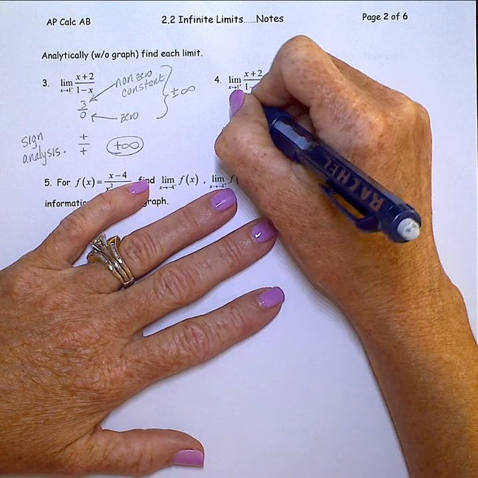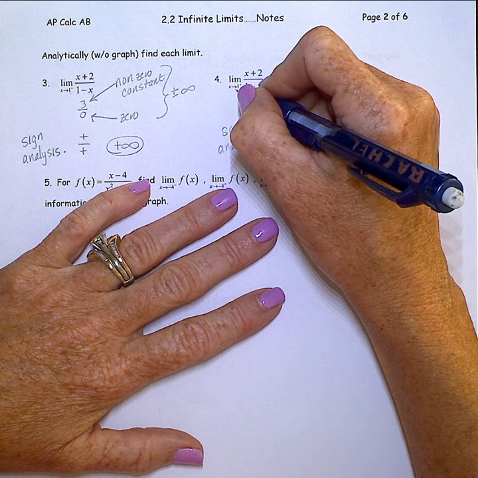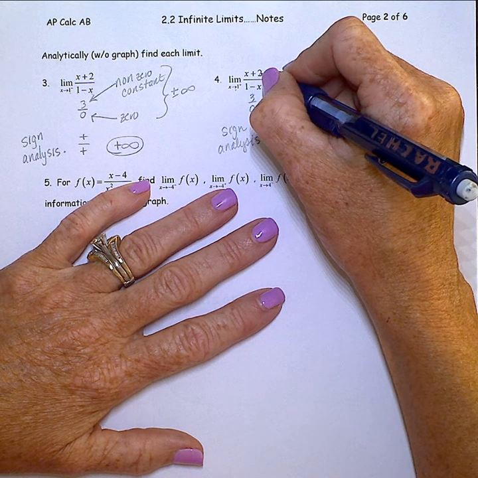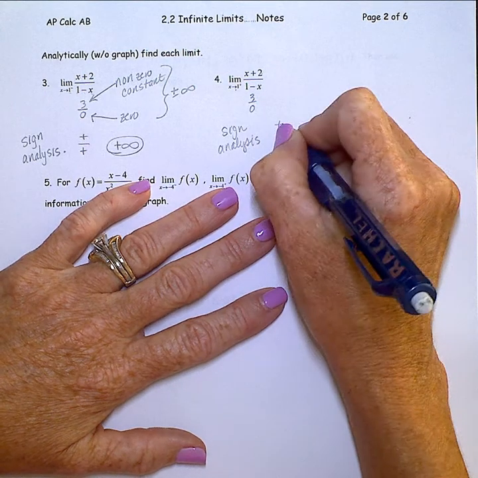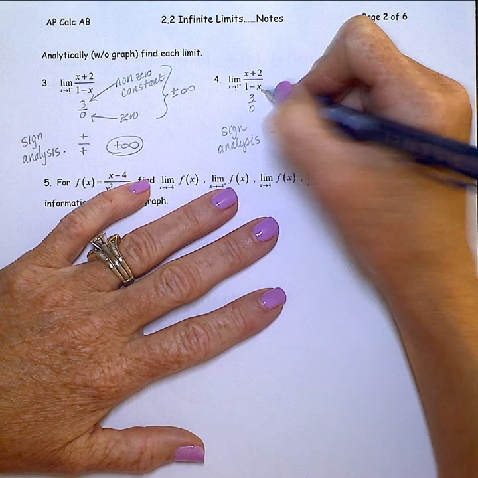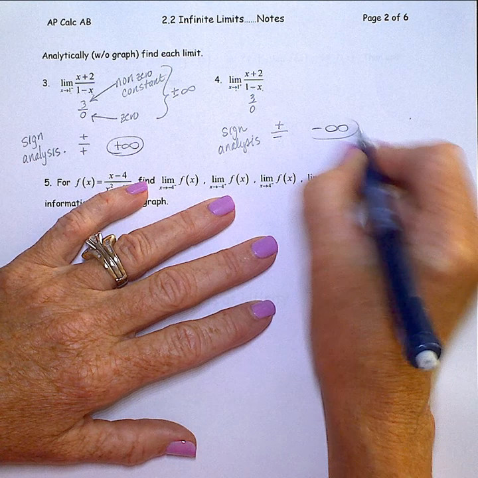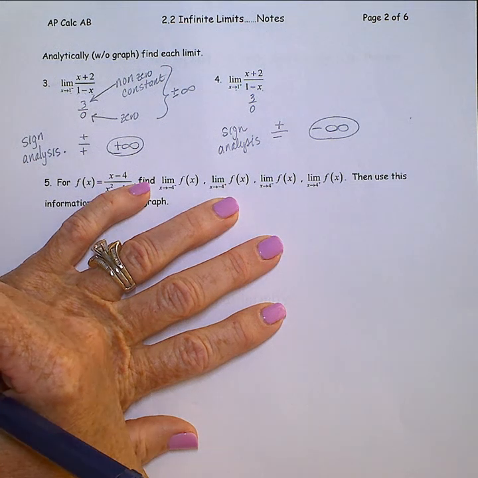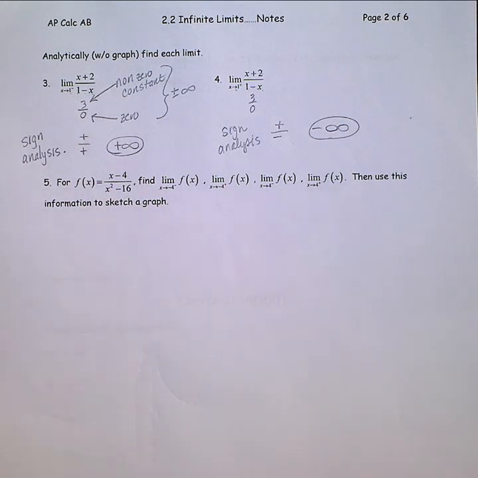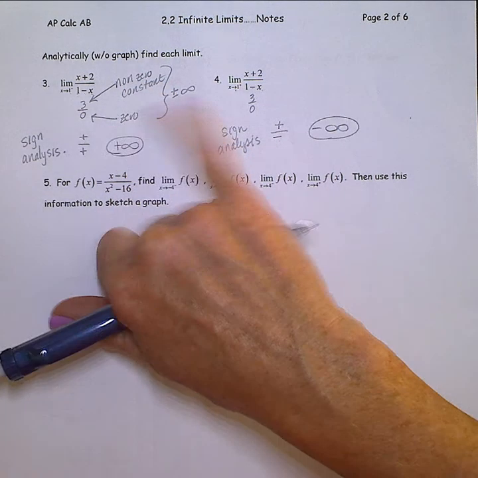Coming at 1 from the right, that's a tiny bit bigger than 1, like 1.00002. 1.00002 plus a 2 is positive. 1 minus 1.00002, negative. Positive divided by negative, negative infinity. Okay, so that's the analytic part of it. And the big deal is you have to look for a non-zero constant over 0. Any time you get this situation, the limit will be positive or negative infinity.